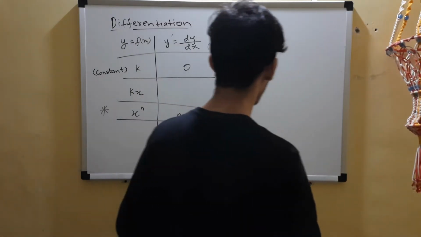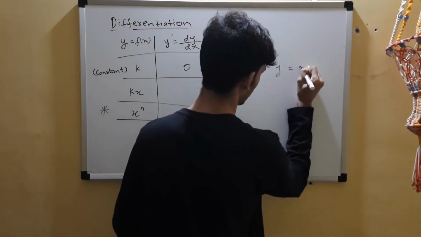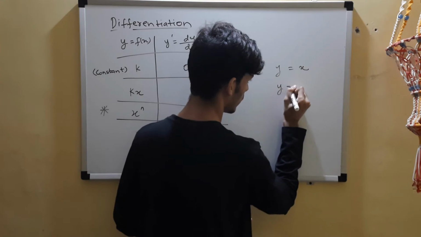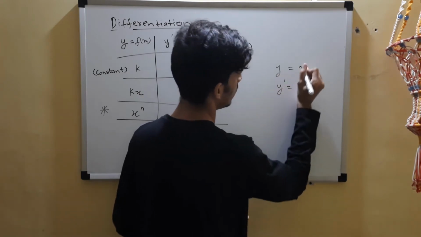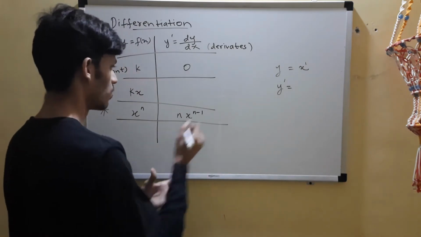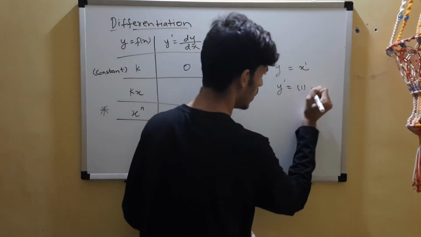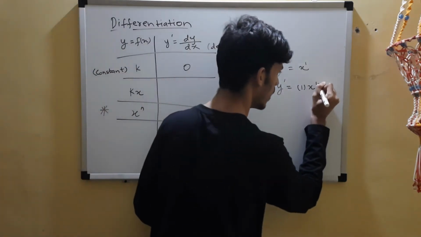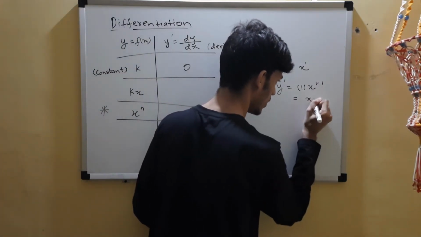What will be the differentiation of x? Easy. y is x raised to 1. Bring that 1 down: n x raised to n minus 1, so 1 times x raised to 1 minus 1, which is x raised to 0.